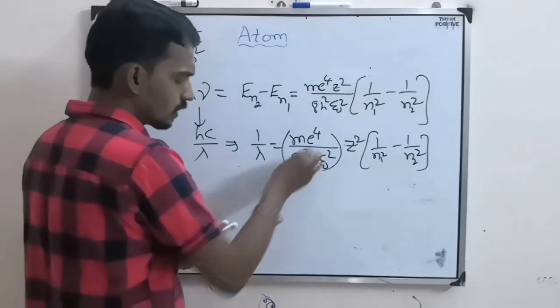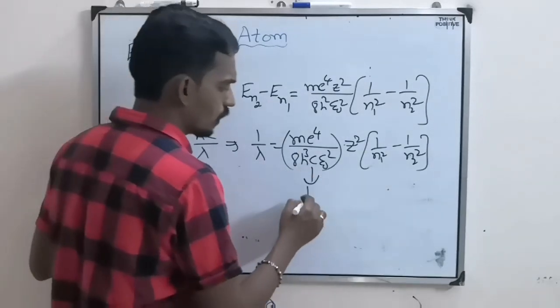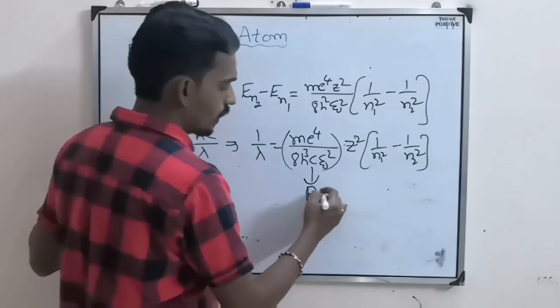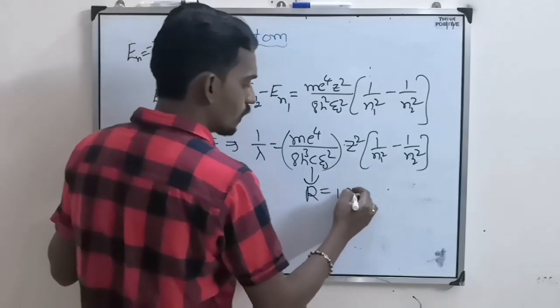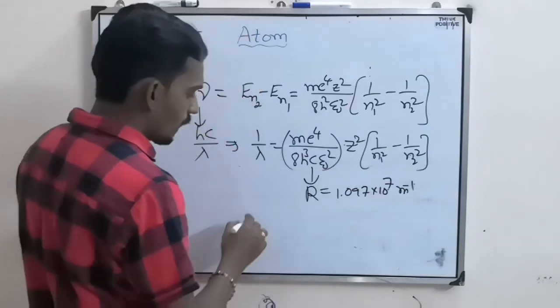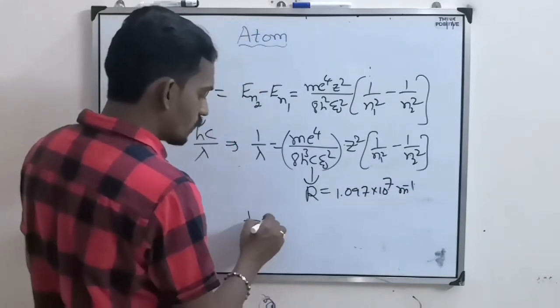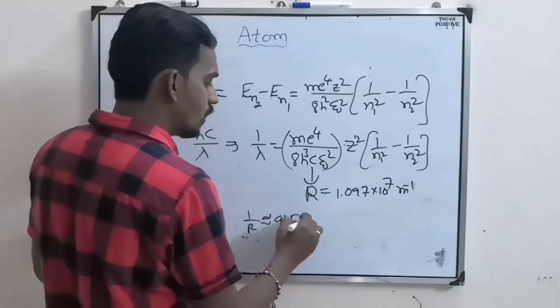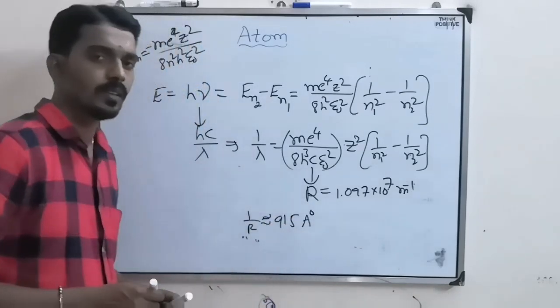Now this term is constant, we call it the Rydberg constant, whose value is 1.097 into 10 power 7 per meter, and 1 by R value is approximately 915 angstroms.